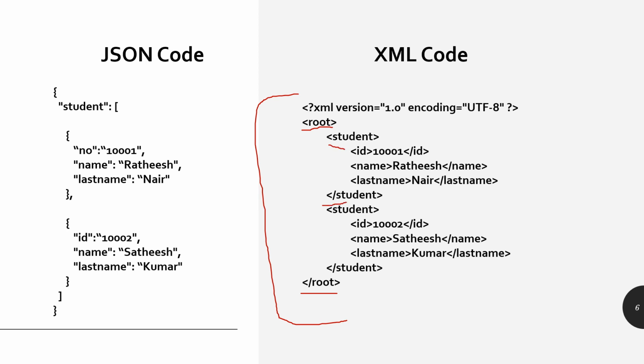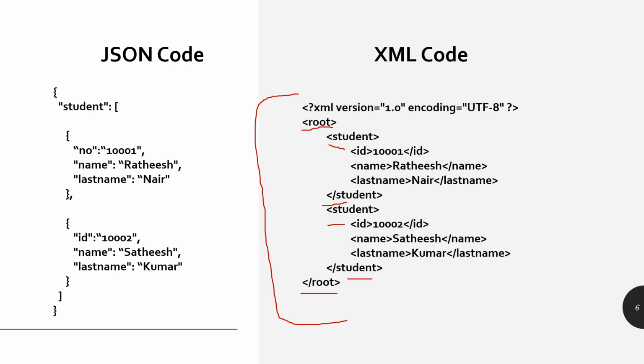You need to close each one. This is the opening tag, this is the closing tag. Similarly here also you have to do like this. That is essential. Then all the other things, register number, name, ID, last name, everything you have to specify. So this is very clear for you.